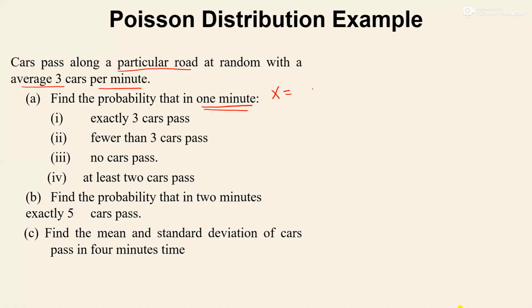So X denotes the number of cars passing along a particular road in 1 minute.